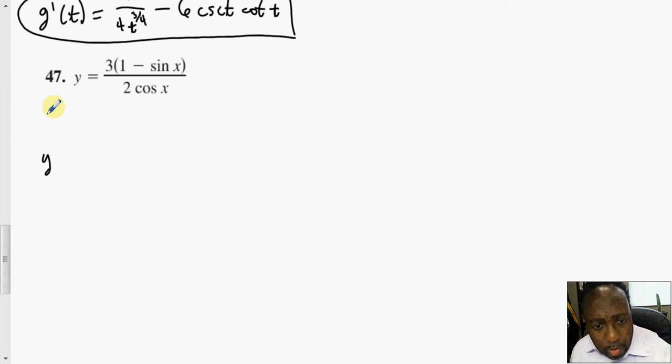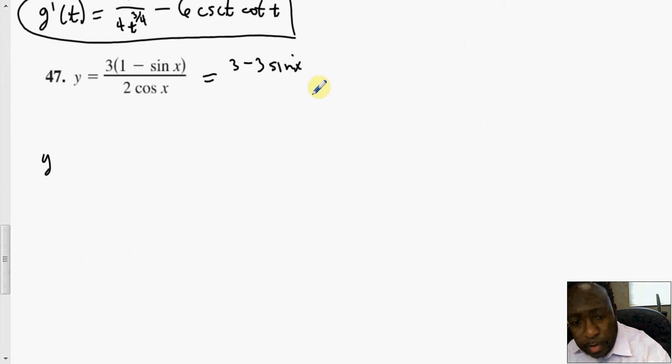Here, let's write this as 3 minus 3 sine x all over 2 cosine x.